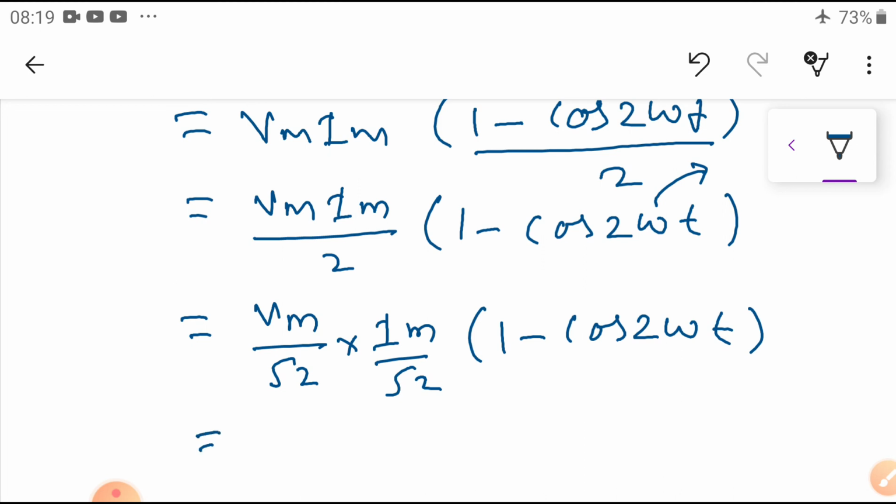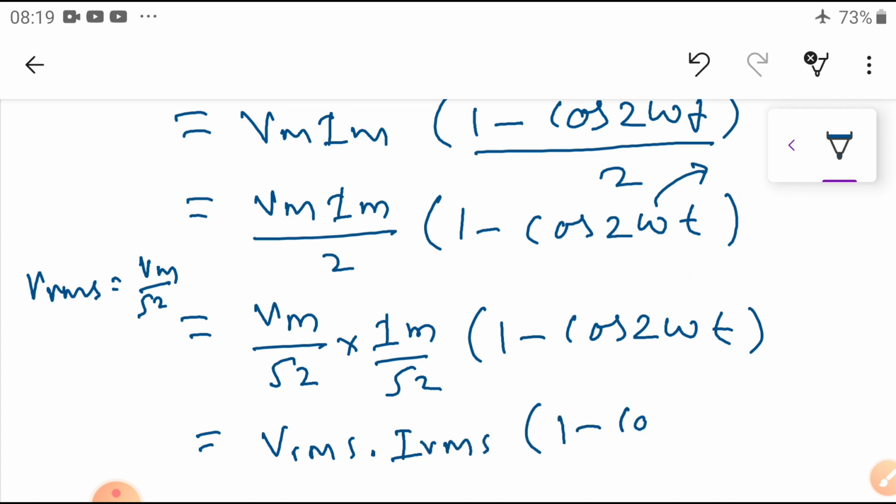Vm by root 2 is the RMS value, Vrms, which is Vmax by root 2. So this becomes Vrms into Irms into (1 minus cos 2 omega t). So this is the power.